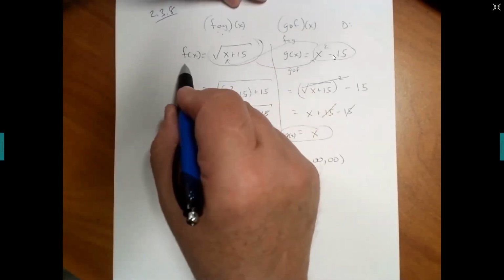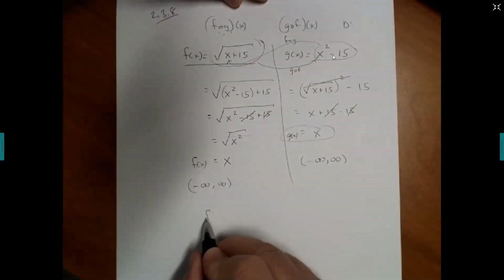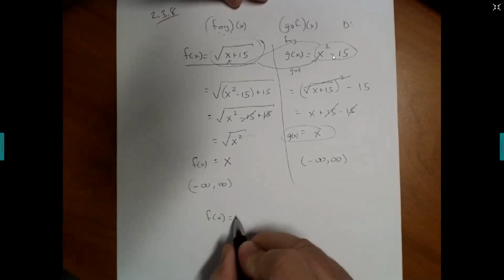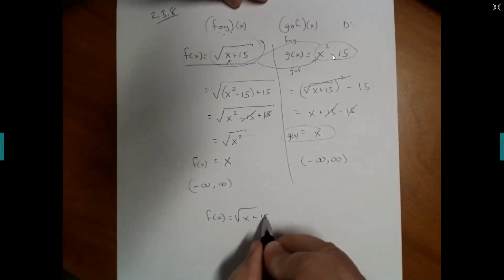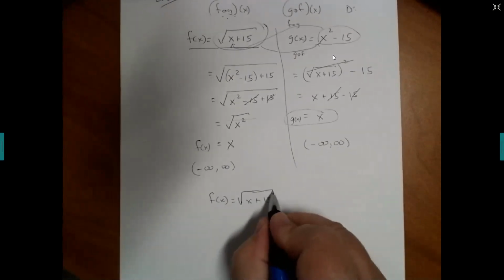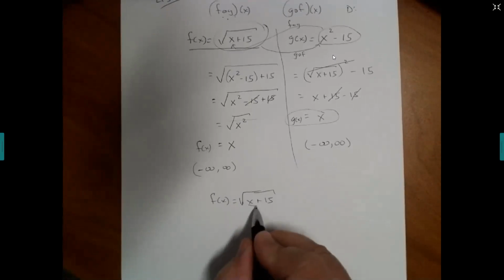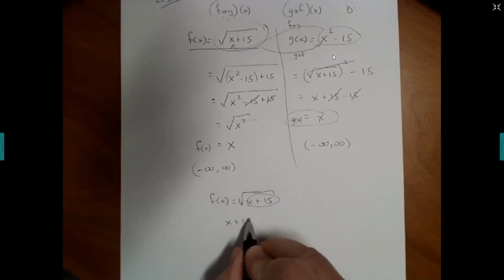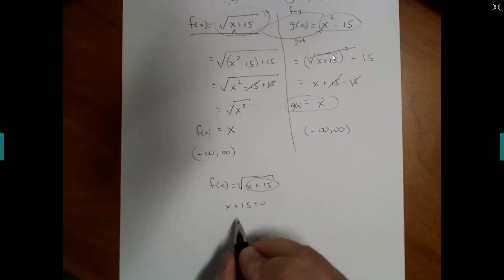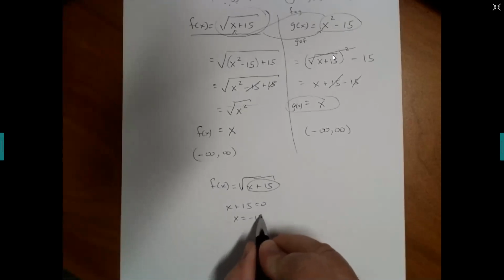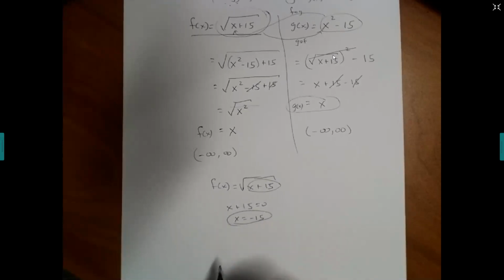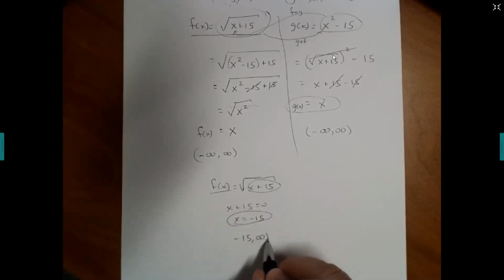But looking back at the original one, the limitations of f of x, remember, inside here, as small as it can be is 0. So x equals negative 15. So the smallest x can be for this function is negative 15 to infinity.